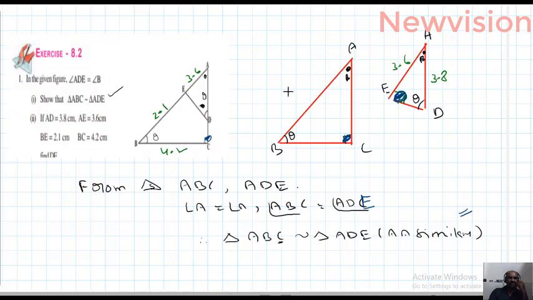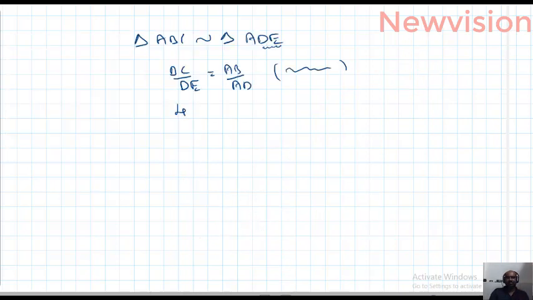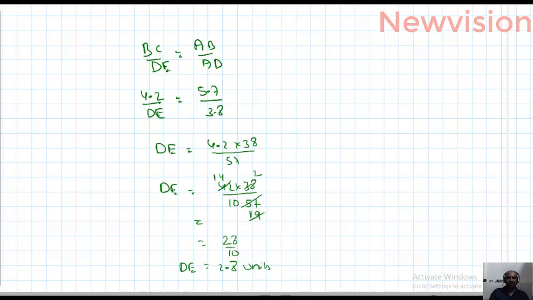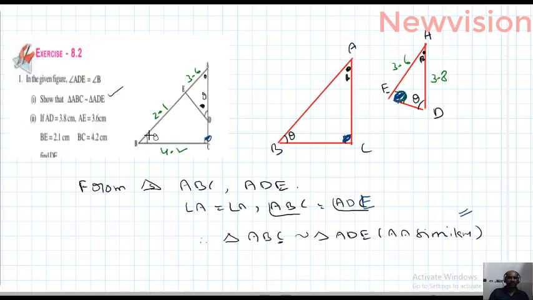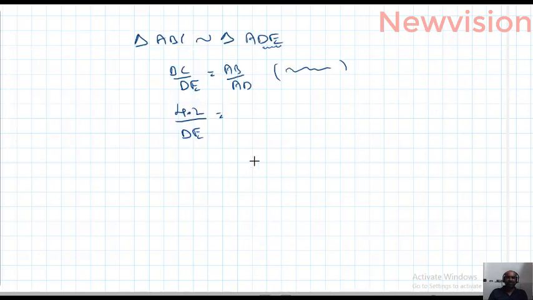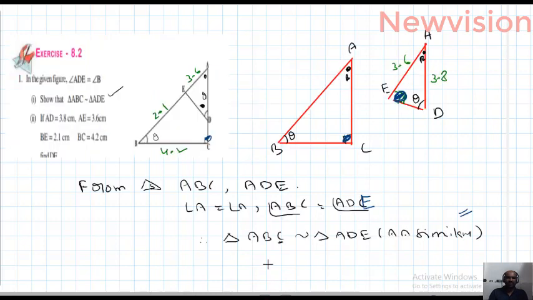BC, where is BC? BC is 4.2. So 4.2 by DE, that is the required one. AB means total 2.1 plus 3.6, that is 5.7. 5.7 by AD, where is AD? AD is 3.8.